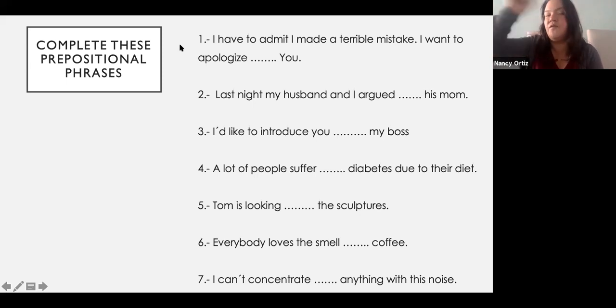You don't need to write down the whole sentence, just 1, 2, 2, with, etc. I told the students to please let me know when they are done with 7 so that I can move to the next slide where we have the rest of the prepositions. Okay.